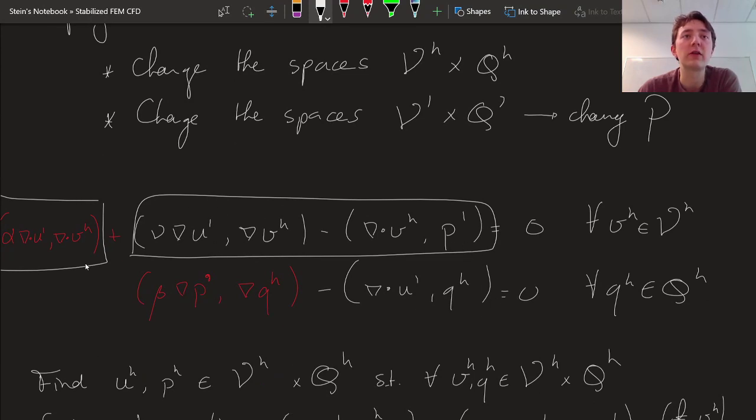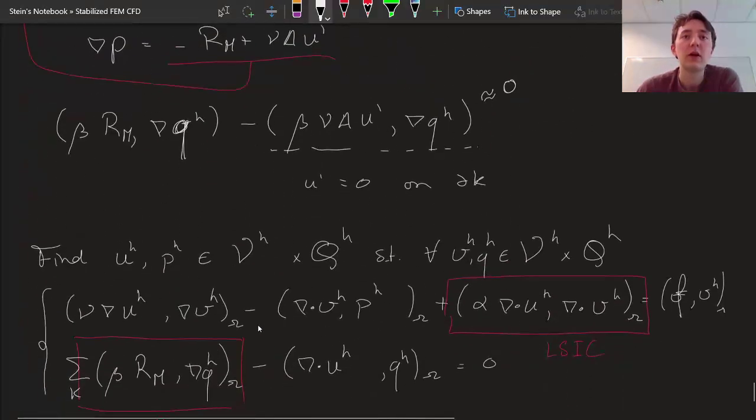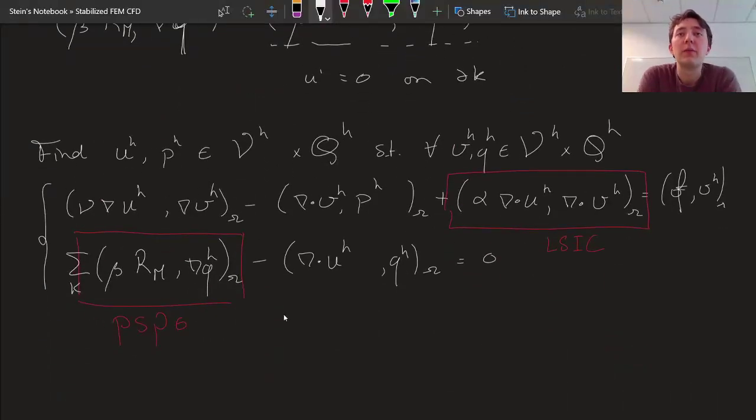And you can rewrite this a little cleaner. You can actually rewrite this into also a constraint minimization problem. And then we see that we added some elliptic terms to this minimization, so some terms that make the minimization better defined or cleaner. So that's my way of explaining also LSIC and PSPG from the perspective of the variational multiscale method.